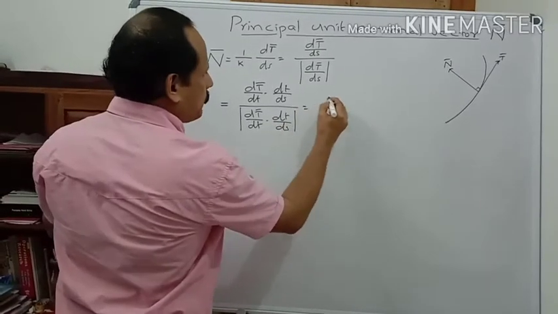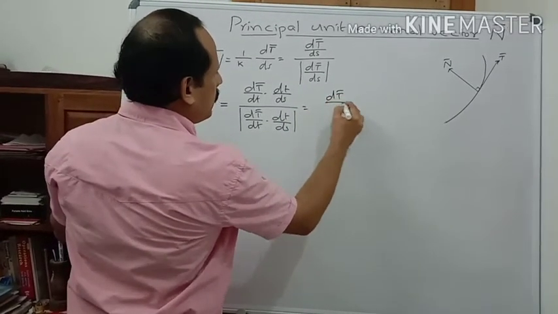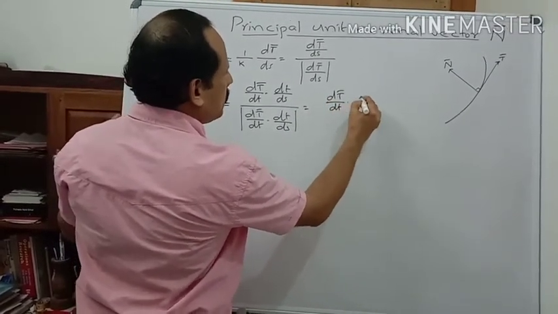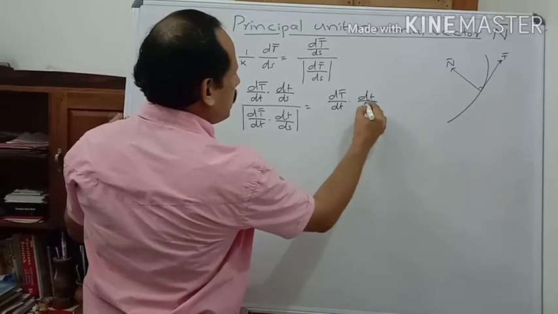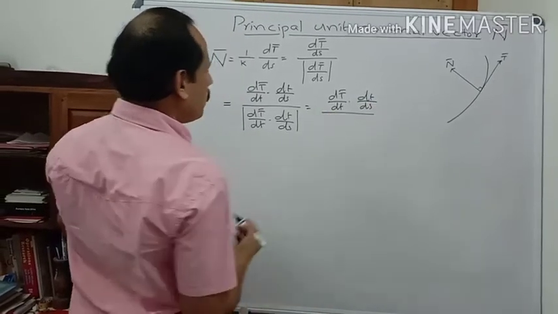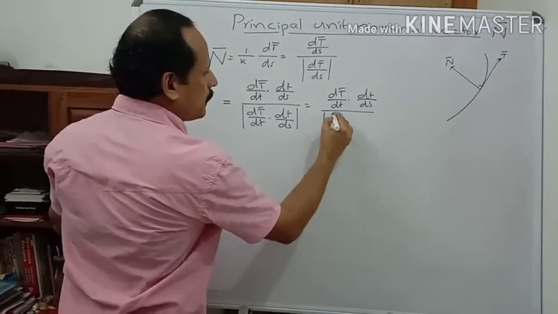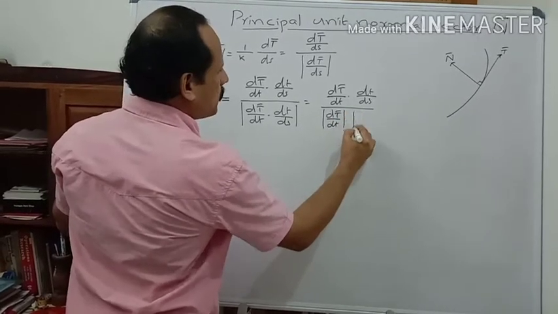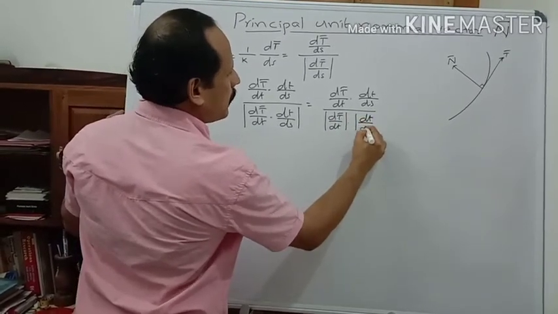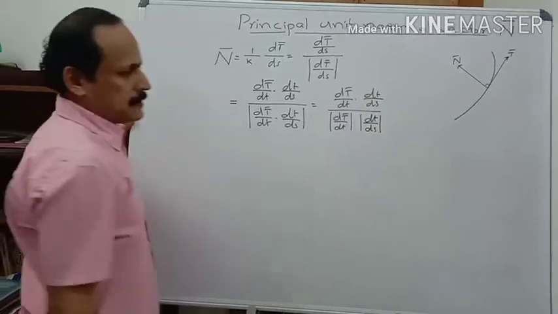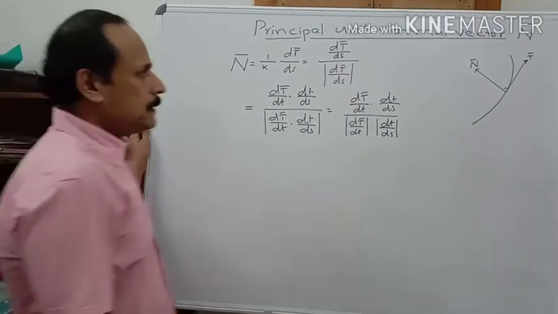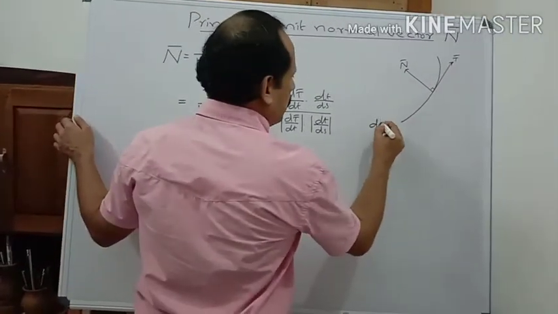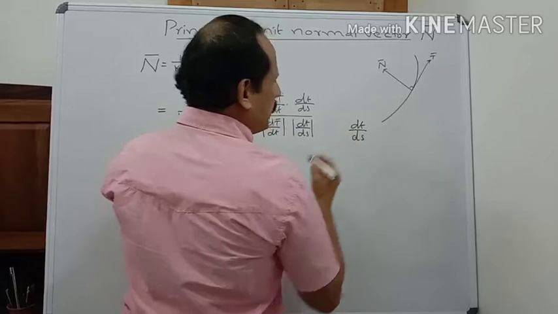This is dt bar by dt into dt by ds by mod dt bar by dt into mod dt by ds.